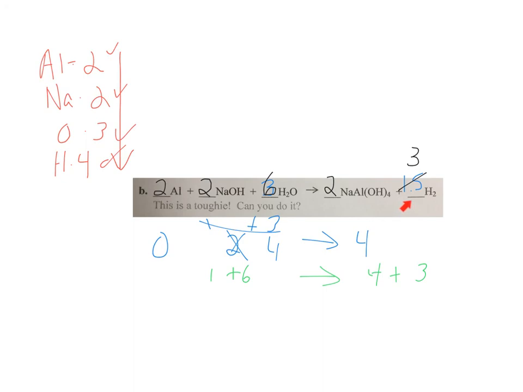And the third thing is that you should focus on putting your elements into the spots where they are going to least affect other elements that you've already balanced. And last, if you have a fractional amount when you're done, make sure that you get rid of it and you double, in this case, your amounts.